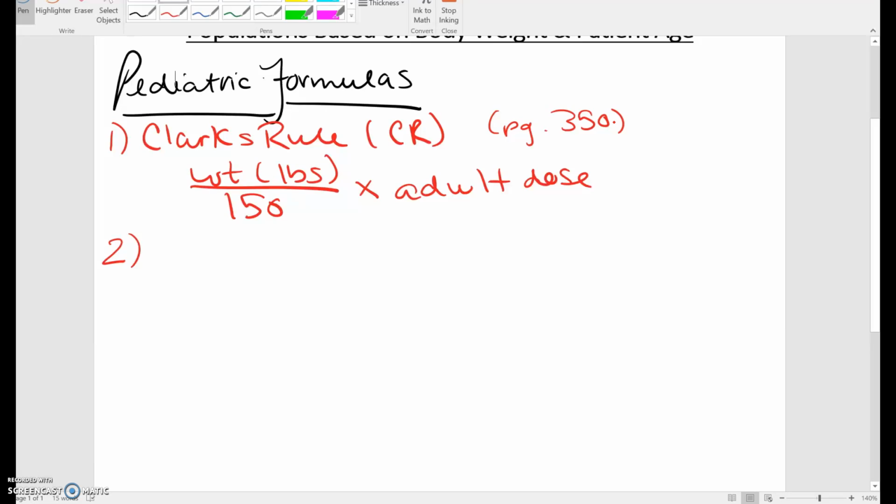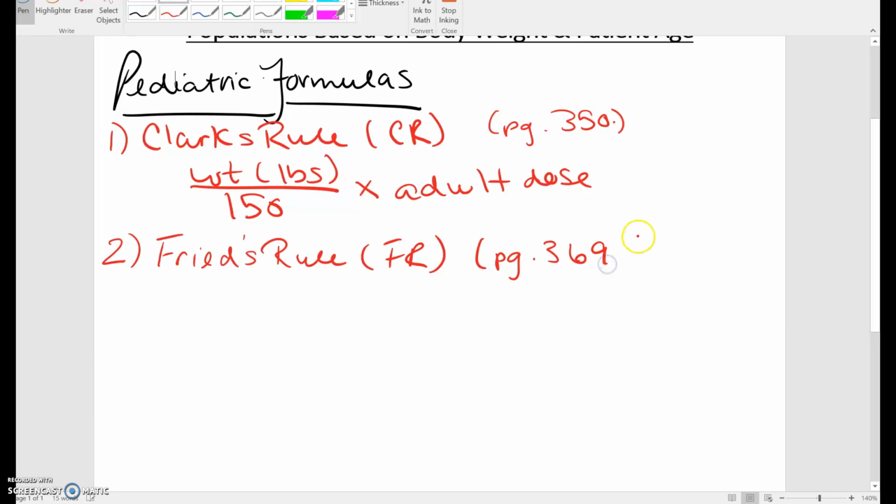All right. The next formula that I want you guys to know is the Fry's rule. Okay. And you guys are going to see me abbreviate that as FR. That's actually in detail on page 369. All right, and so the way that this works is that it is going to use the age in months, all right, over 150 times the adult dose.